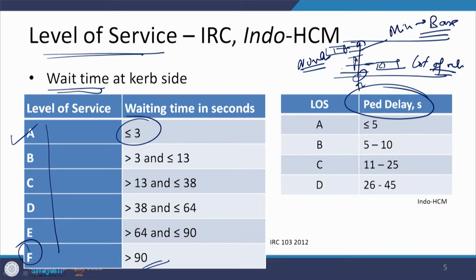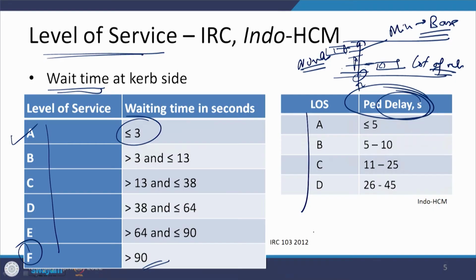And with respect to base, when the traffic is there and the pedestrian is again crossing that, then obviously the person may be going to take a little more time than that, and that is what is going to define the delay here. So, that crossing delay which is there is being taken into 4 categories, and it is again being talked in terms of seconds, where in the last or the worst condition we are saying that it is somewhere between 26 to 45 seconds, and that is how the level of service of a facility has been defined here.